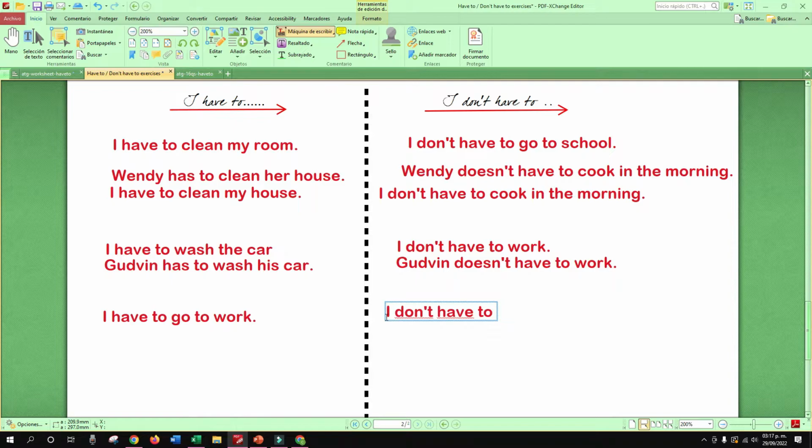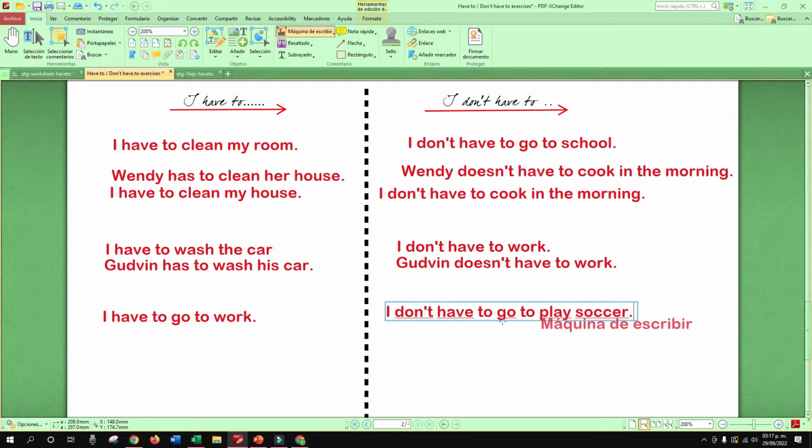To have to go to sunset. Okay. So I don't have to go to sunset. Oh, in this case, you can say, I don't have to go to play soccer. That would be better, right? I don't have to go to play soccer. That would be great.